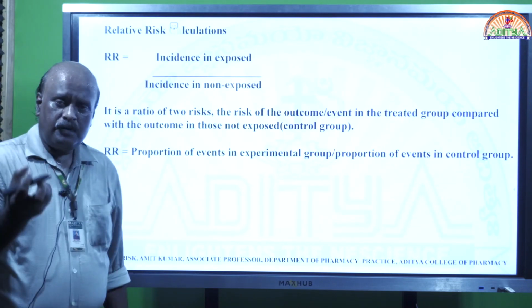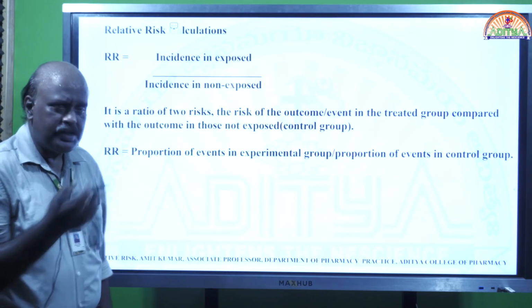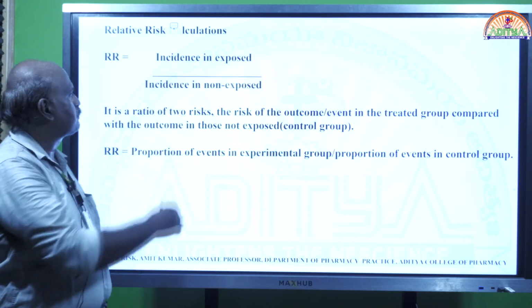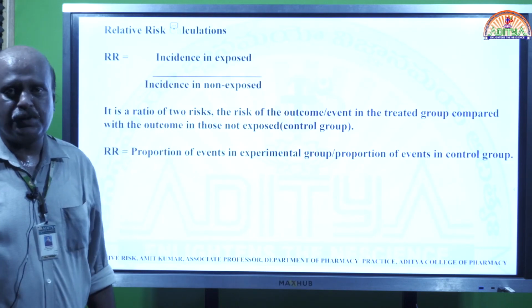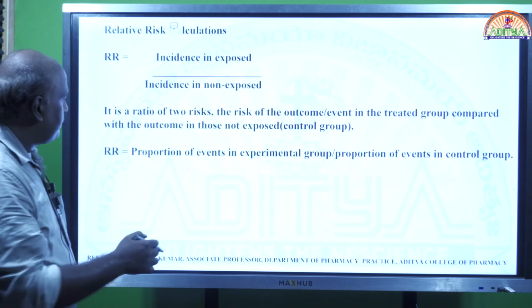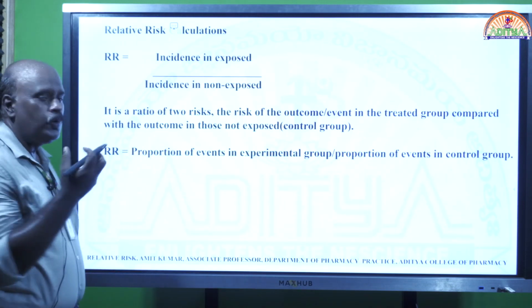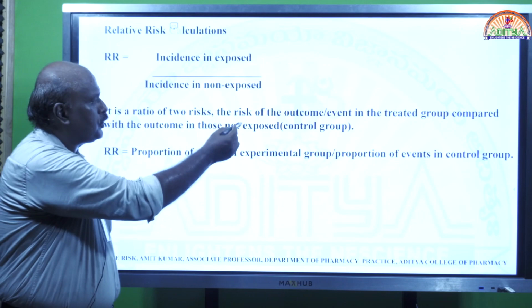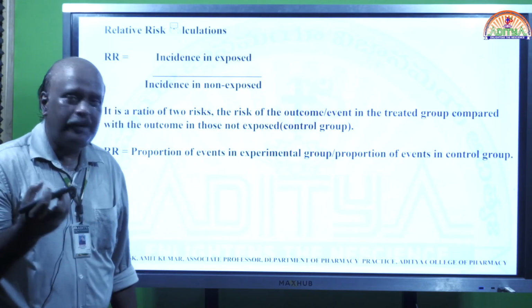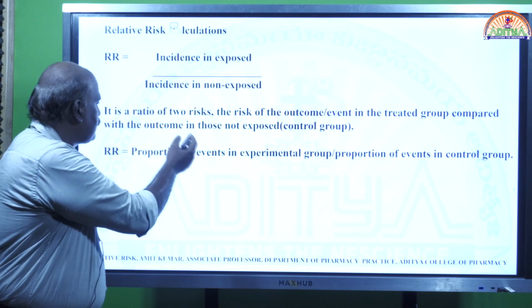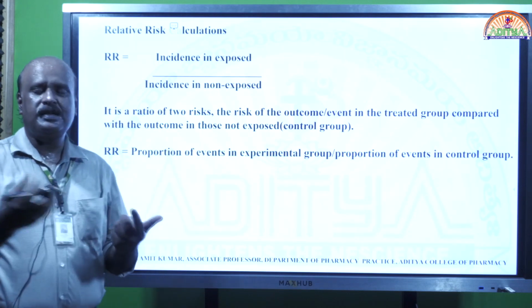So what is relative risk or risk ratio? It is equal to the incidence in the exposed divided by the incidence in the non-exposed. It is a ratio of two risks, that is the risk of an outcome or event in the treated group compared with the outcome in those not exposed, that is the control group.